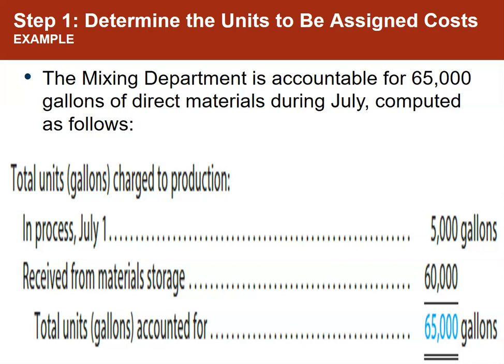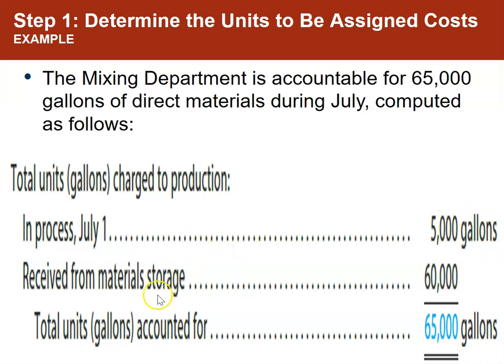Okay, so with that said, we want to acknowledge under the FIFO method that at the beginning of the month, we already had 5,000 gallons of, I believe it was ice cream that we were making. So we have 5,000 gallons worth of materials already.